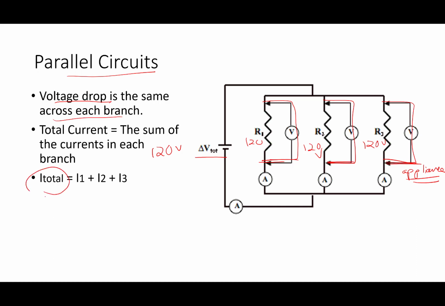But the total current is the sum of the currents in all of the branches. So let's say you have 3 amps of current coming through your wire, and your 3 amps come here. It's sort of like there are 1, 2, 3 paths that current can flow through. Maybe 1 amp goes through this channel, 1 amp goes through that channel, and 1 amp goes through that channel.